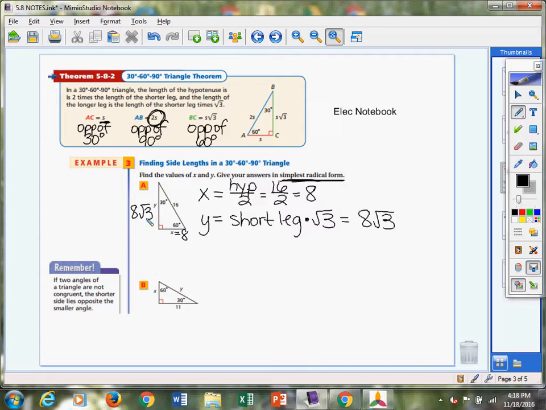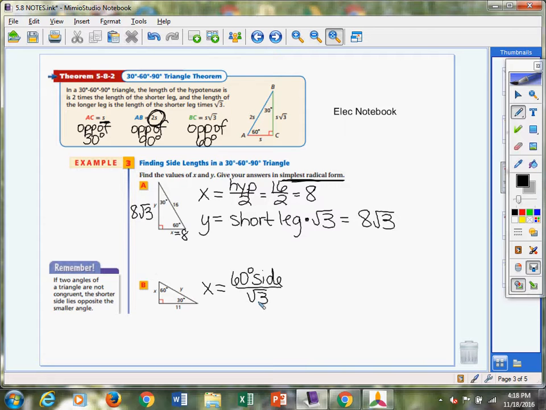I'm going to have to take the 60-degree side and work my way back to the short side. So if I want to find the x, which is my short side, I'm going to take my 60-degree side and divide that by the square root of 3. If I divide it by the square root of 3, then that's going to work my way backwards and help me get the short side. That's what it's going to do, okay?